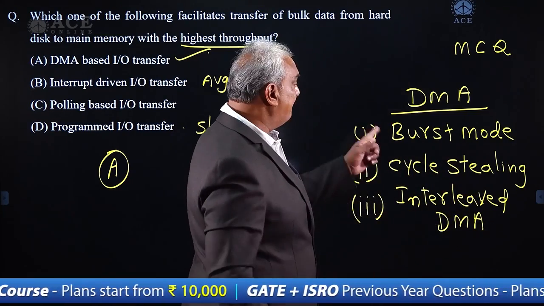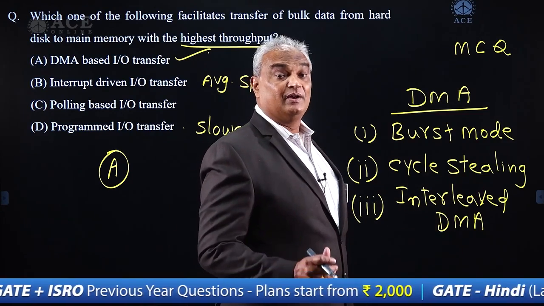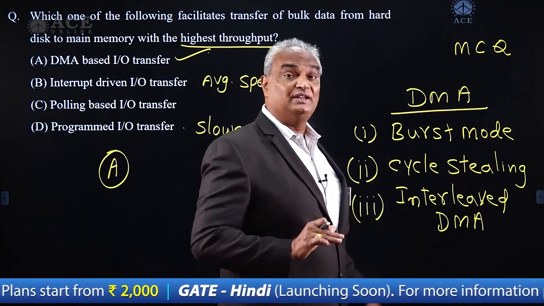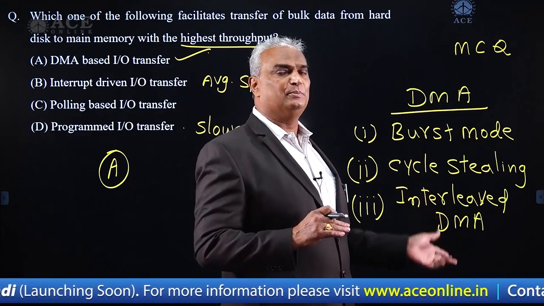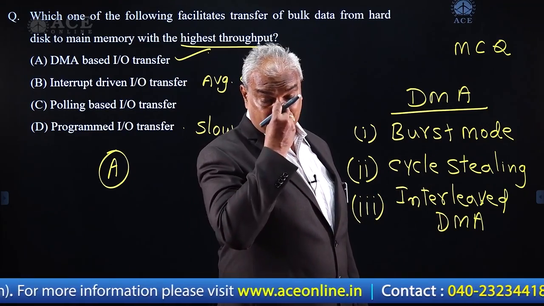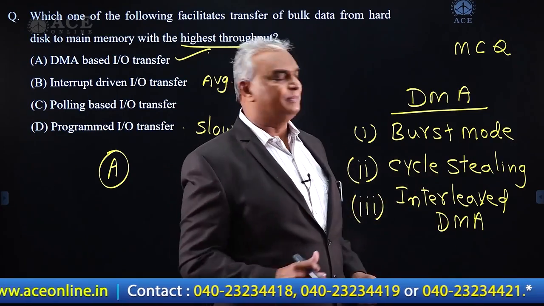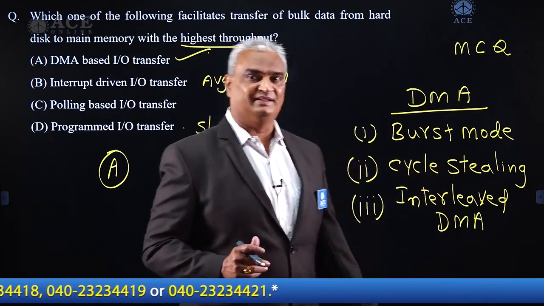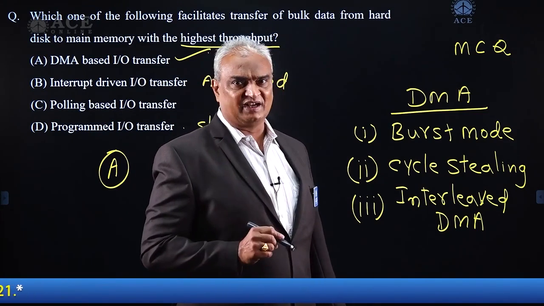In this, burst mode is used to transfer the bulk size of data from secondary memory to main memory. Here, merit of the burst mode is to transfer the data from secondary memory to main memory without involving CPU at fastest rate. While transferring larger size of data, generally this method is used. In cycle stealing method, at a time, only 1 byte will be transferred.